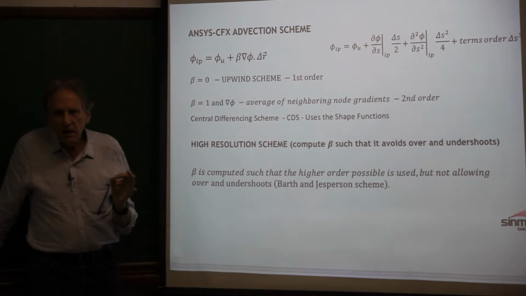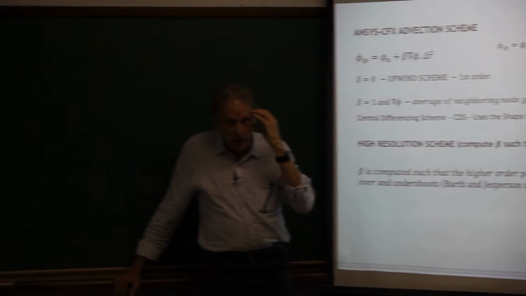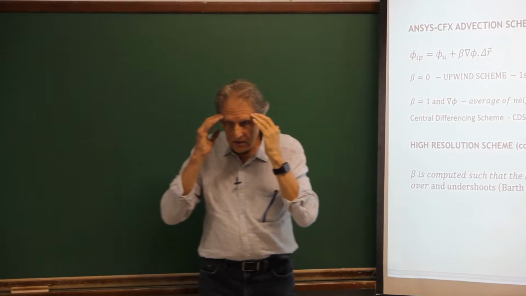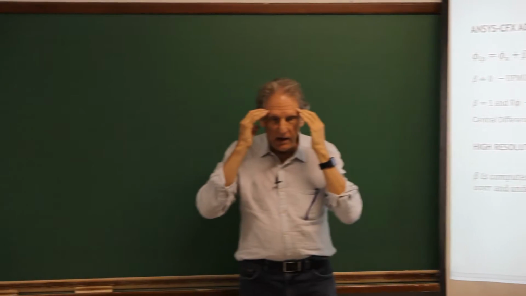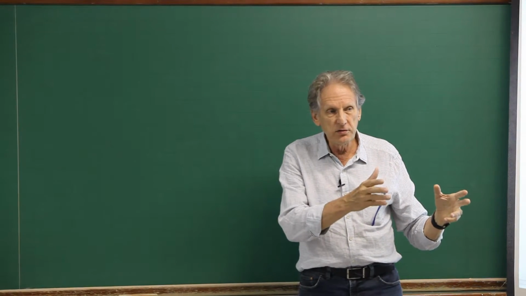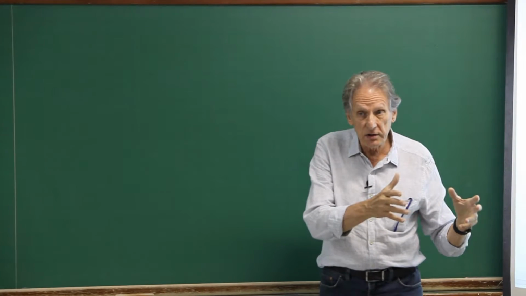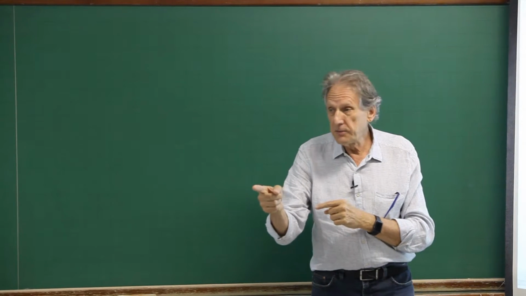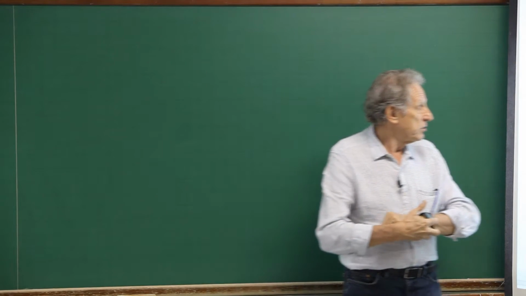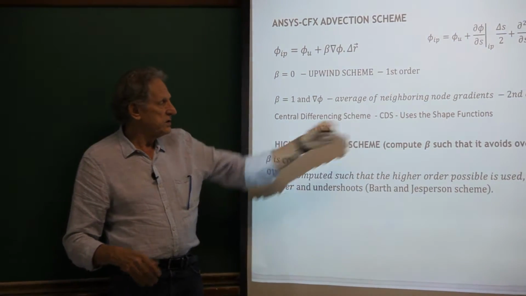Because if you say I'm going to use a central differential scheme, in your mind you are already thinking that diffusion terms are the most important, and then you can use central differential scheme. And if the diffusion term is important, you can use the shape functions for the evaluation of the integration points. So central differential scheme uses the shape function.